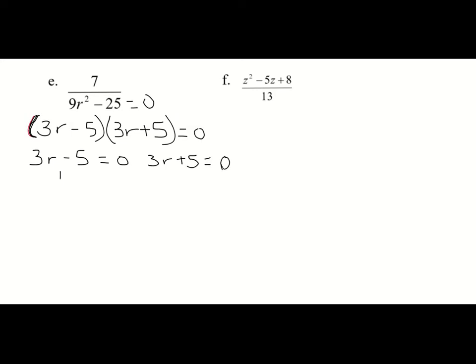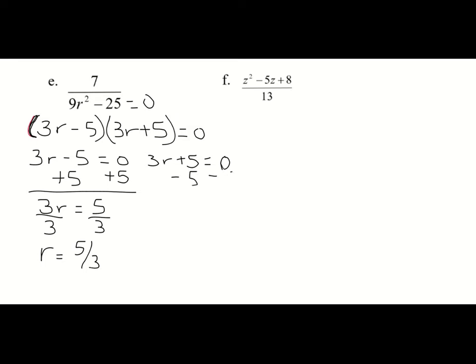We will add 5 to both sides for the first one. So we get 3r equals 5. Divide by 3. So r equals 5/3. And then for the second one, I will subtract 5 from both sides. We get 3r equals negative 5. Divide by 3.